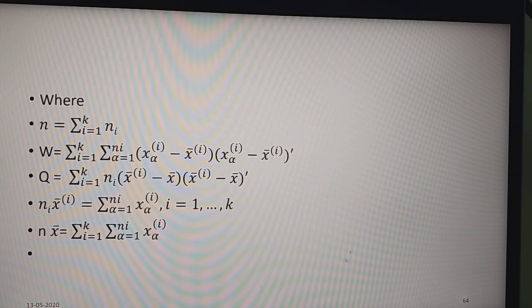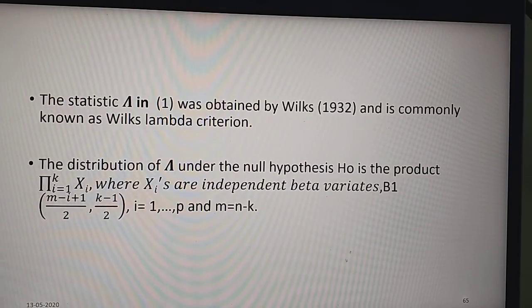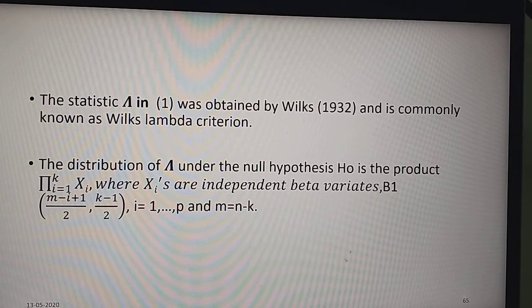Q is equal to the between matrix, with Ni times x bar i. X bar i is the sample mean vector from the ith population, and x bar is the total overall mean.